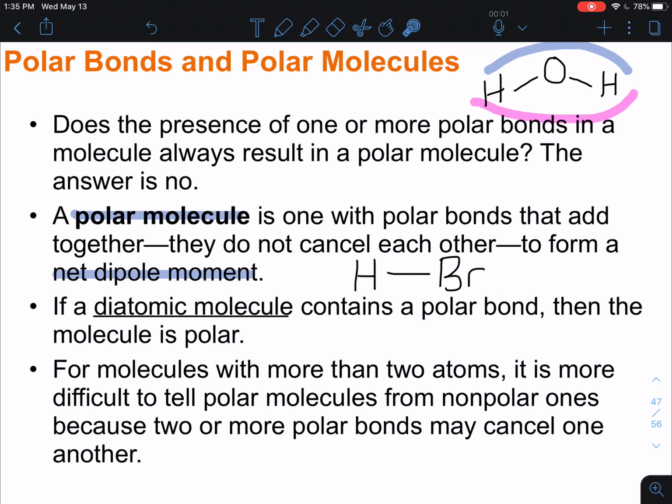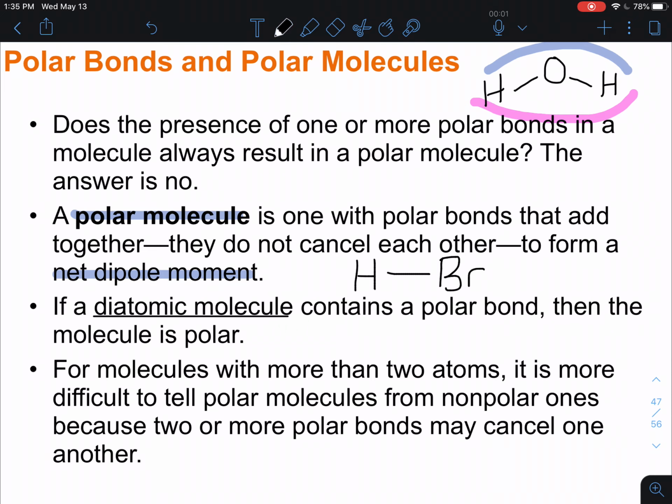But with molecules with more than two atoms, which is anything else besides diatomics, it's more difficult to tell polar molecules from nonpolar ones because two or more polar bonds may cancel each other out.